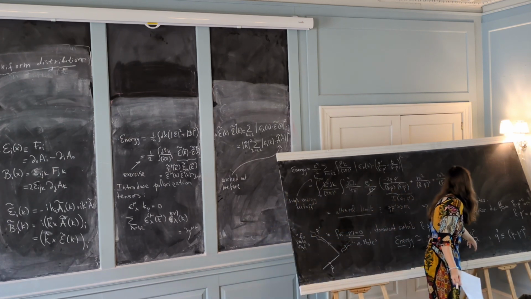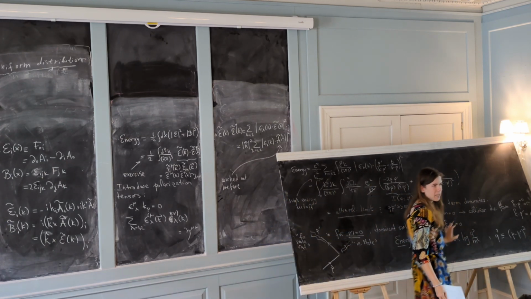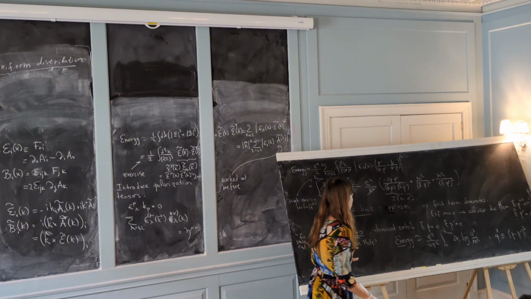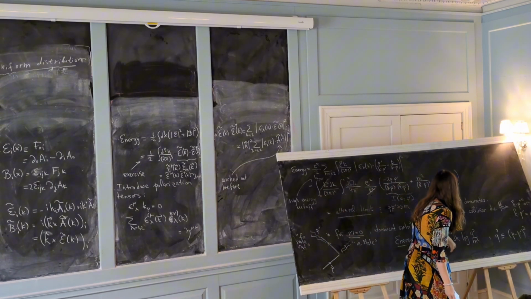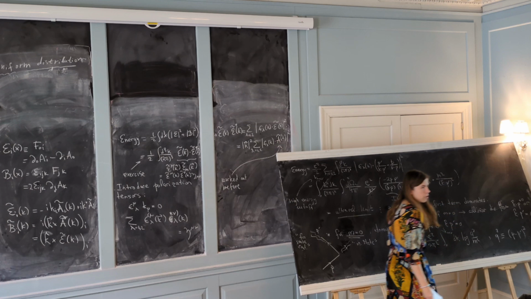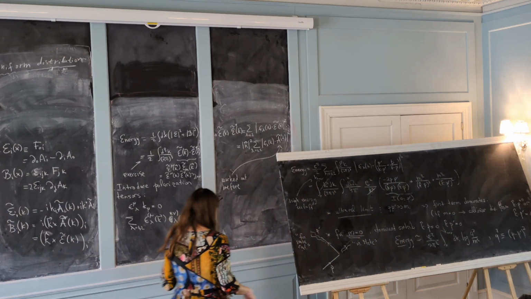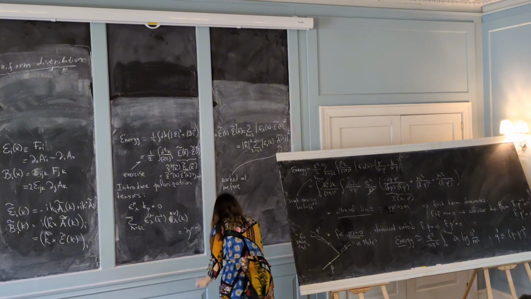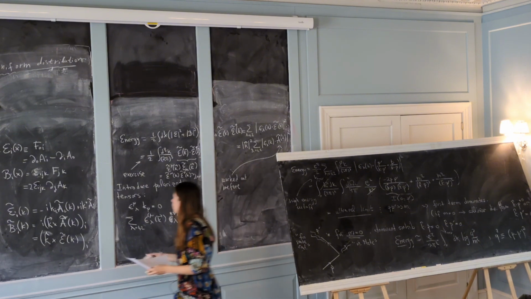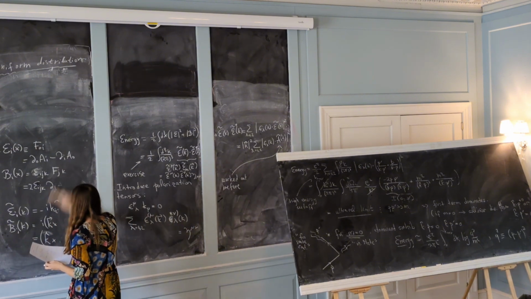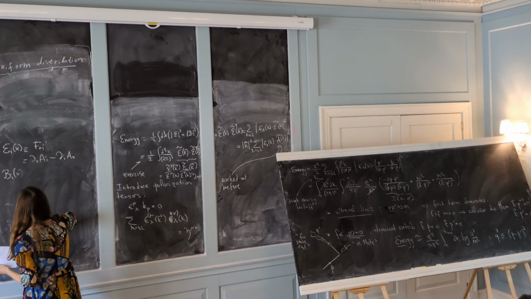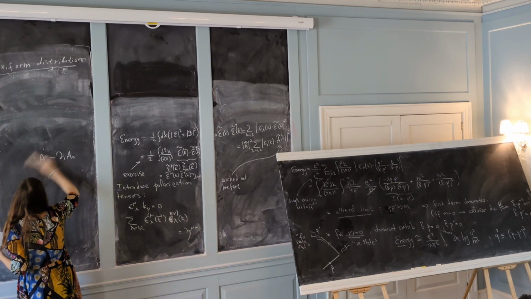If I take m goes to 0, this thing blows up, and this is the statement of collinear divergences. We don't have an infrared divergence from this limit when k goes to 0 in the energy emitted. However, there is an infrared divergence if one is interested in knowing how many photons are emitted.